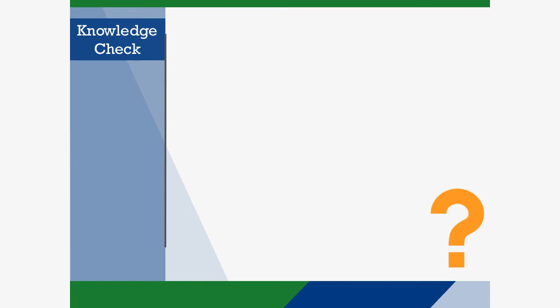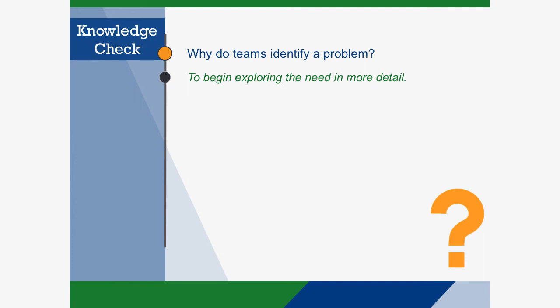Before we move forward, let's take a moment to check in on what you've learned about identifying a problem. Why do teams identify a problem? Teams identify a problem to begin exploring the need in more detail. How do teams identify a problem?